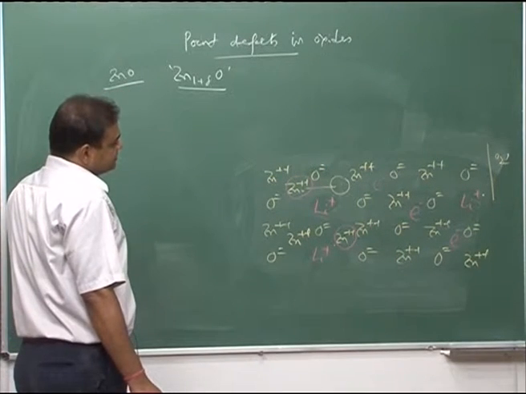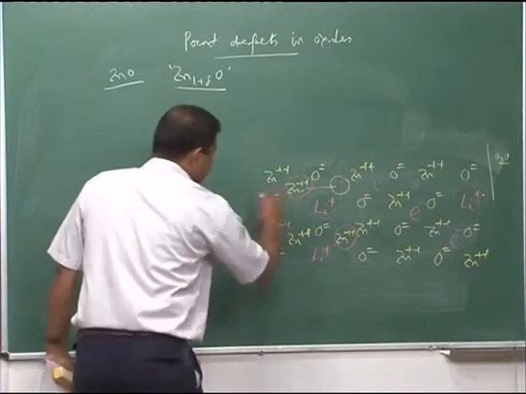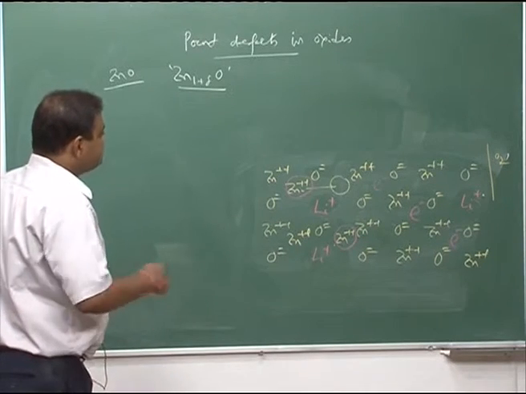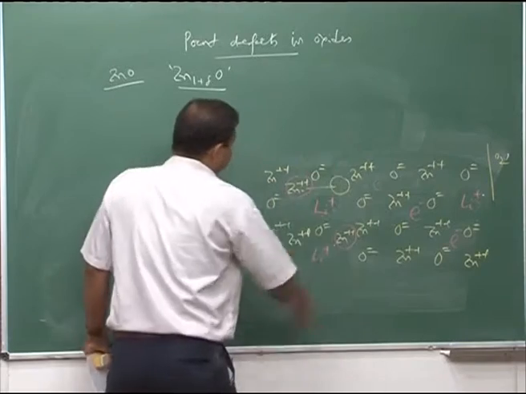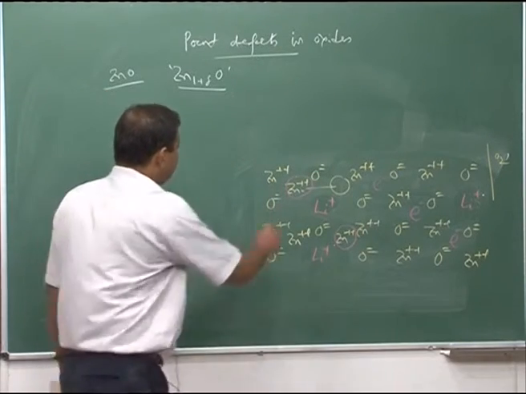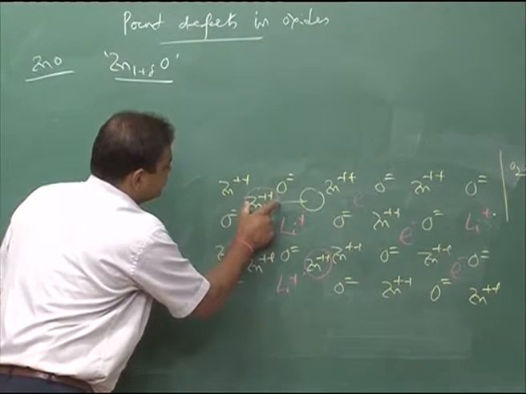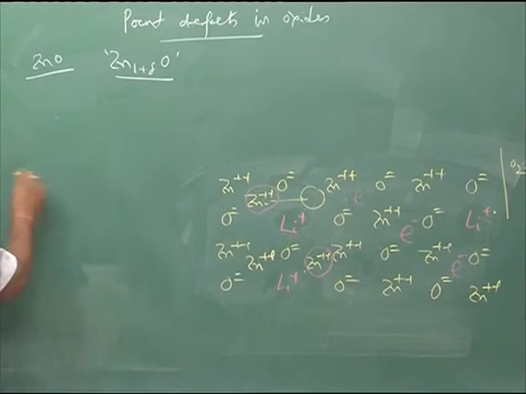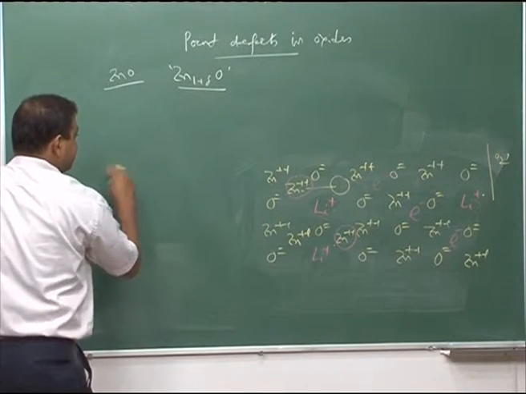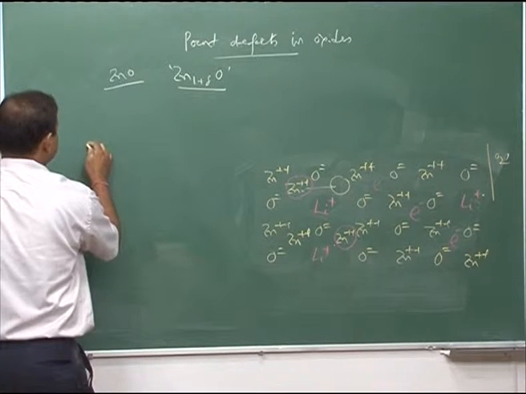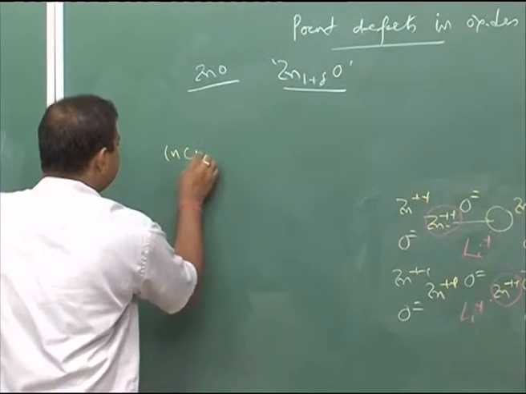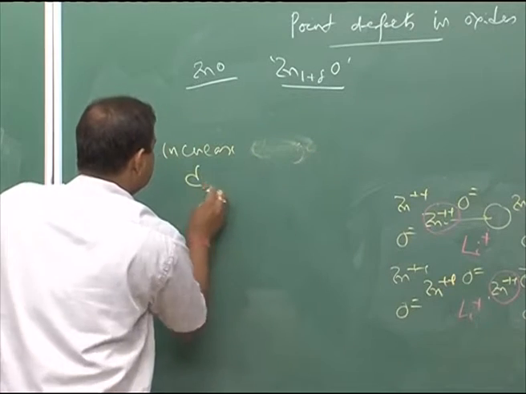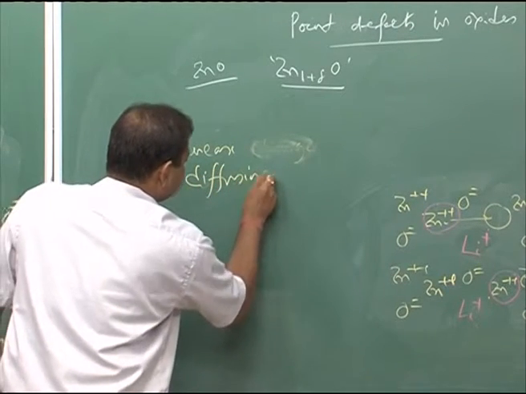So, the charge carrier concentration is decreasing, but the interstitial cation concentration is increasing, and the diffusion is taking place by the movement of this interstitial cation through the interstitial positions. So, that means if we replace zinc cation with lithium cation, then we have increased the diffusion species.